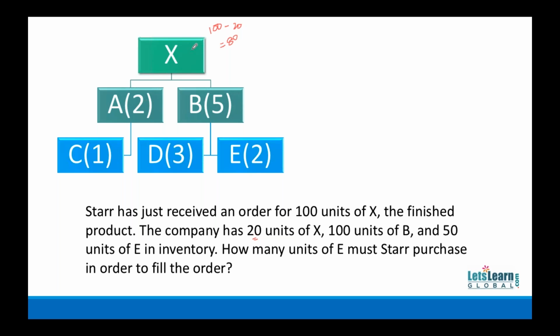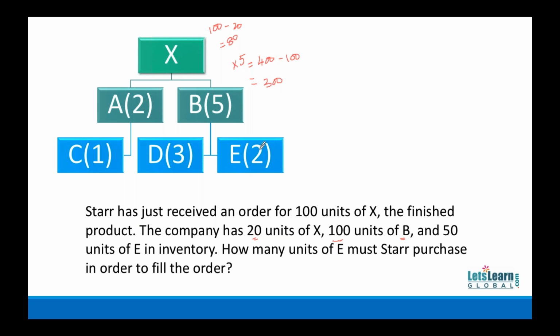For each 1 unit of X, we need 5 units of B, the composition. Therefore, for 80 units, 400 pieces of B should be purchased or produced, which is an assembly in X. Now let's see what the stock of B is. We have 100 units of B in stock, so we need not produce those 100 units. We have to produce only 300.